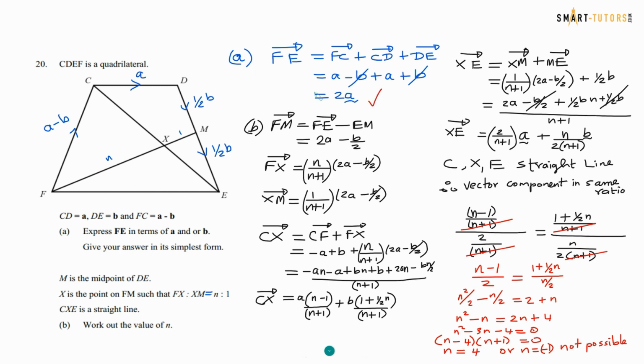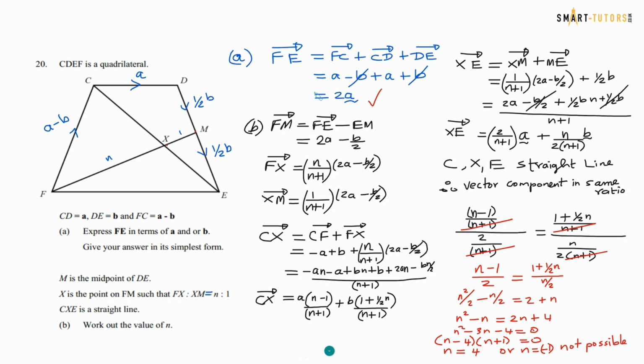Second part, M is the midpoint here. Midpoint means the B vector divided by 2, half B. Then X is the point on FM. The ratio is N is to 1. And CXE is a straight line, right?